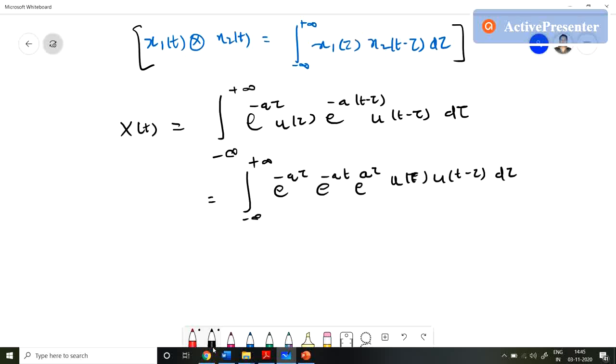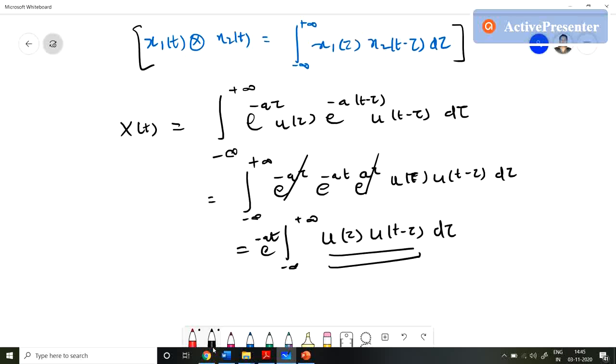Now e raised to the power minus a tau and e raised to the power plus a tau will cancel out. What we will get is the integral from minus infinity to plus infinity, with e raised to the power minus at put outside, and we have u(tau) u(t minus tau) d tau.